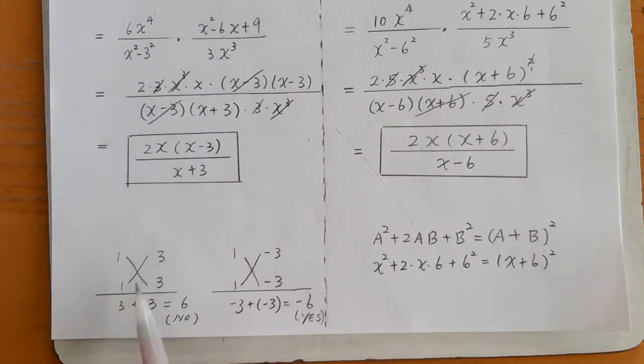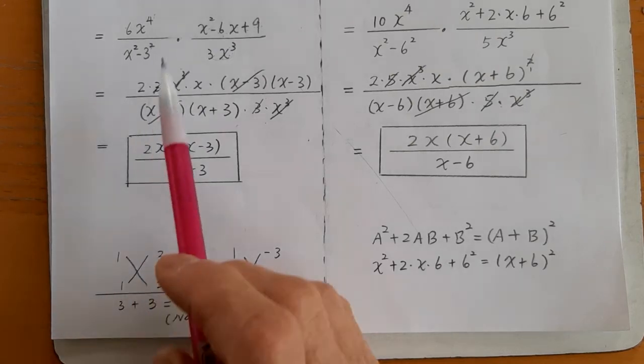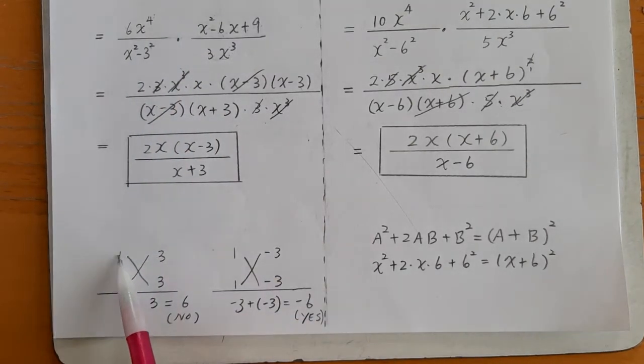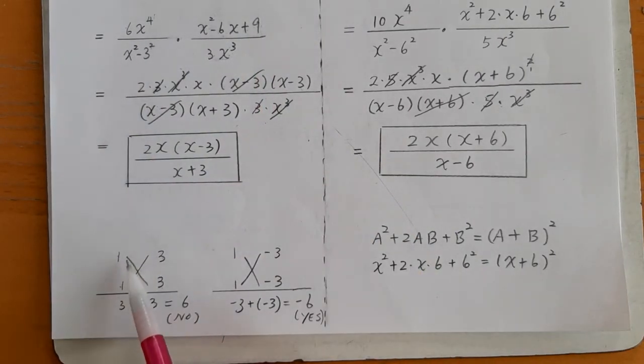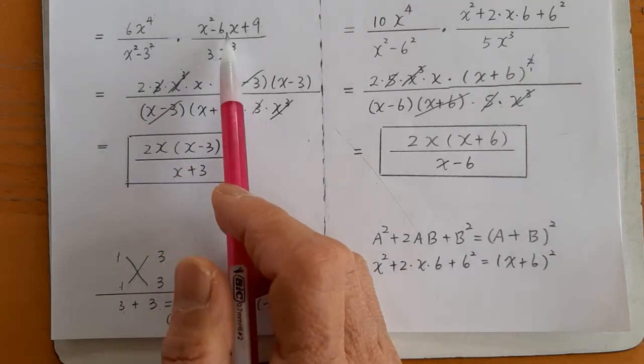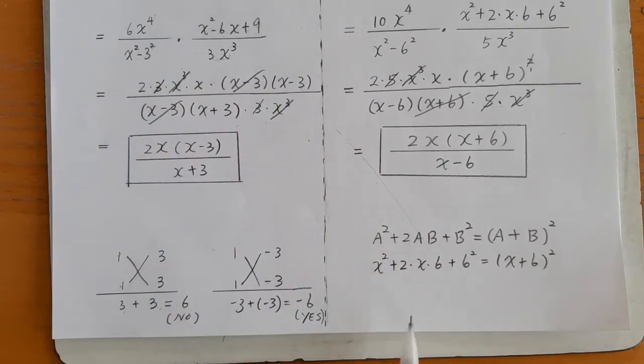So factor it. You can do this by the trial and error method. The leading coefficient is 1, and its factors are 1 times 1. The 9's factors are 3 times 3. Cross multiplication: 1 times 3 is 3, 3 times 1 is 3. Added together is positive 6. But here we want negative 6. So you attach negative signs, because negative 3 times negative 3 is still positive 9.